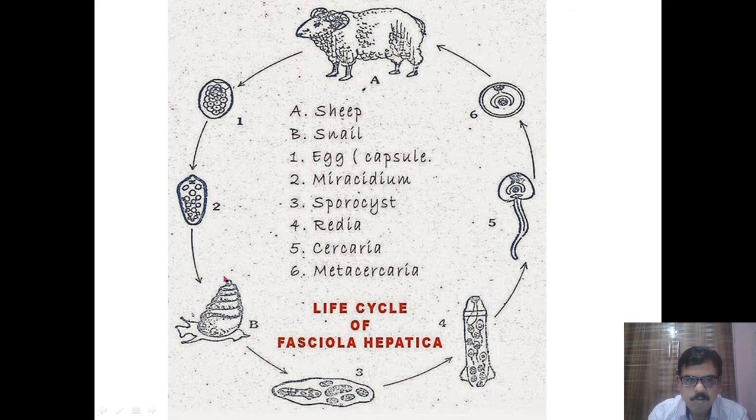Then it goes into the body of the snail, and within the snail there is development of the sporocyst. This sporocyst gives rise to the radia that we have discussed earlier, and this radia gives rise to the Cercaria larva. This diagram you are not supposed to draw.